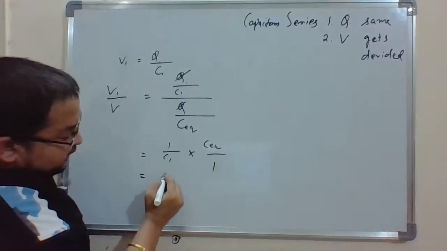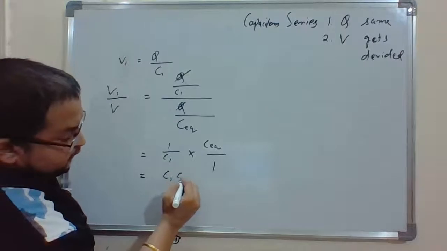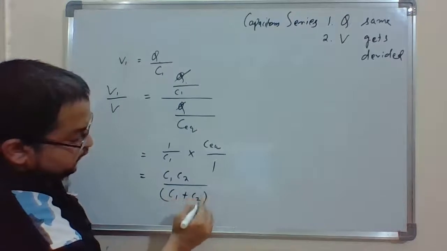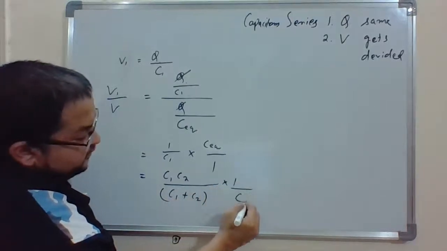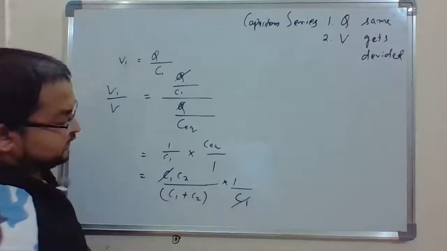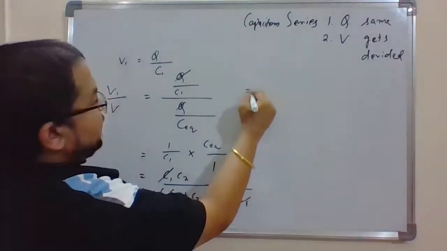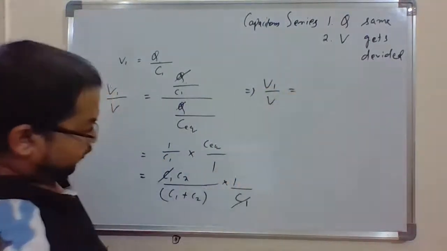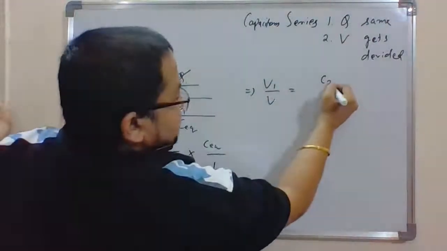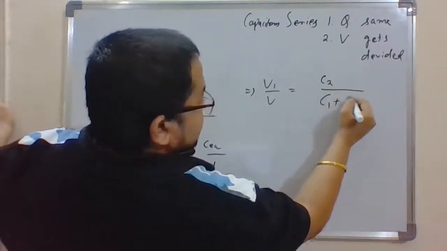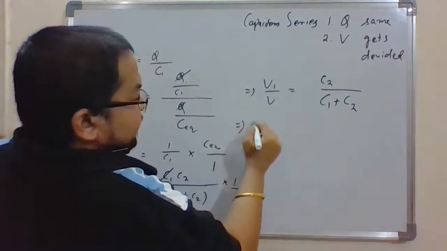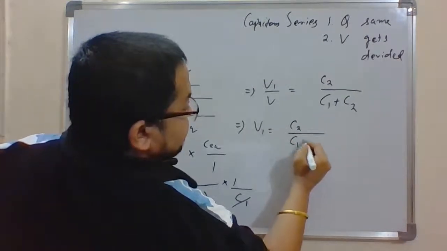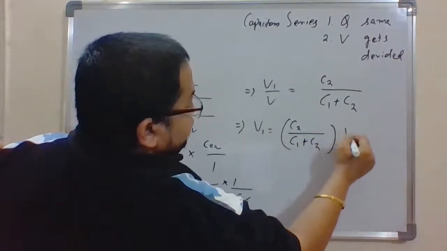The value of C equivalent is C1 C2 by C1 plus C2, into 1 by C1. So C1 gets cancelled, and V1 by V equals C2 by C1 plus C2. So V1 is C2 by C1 plus C2 into V.